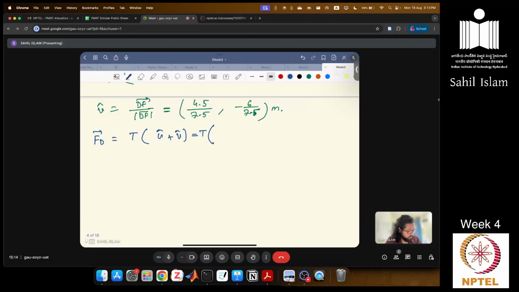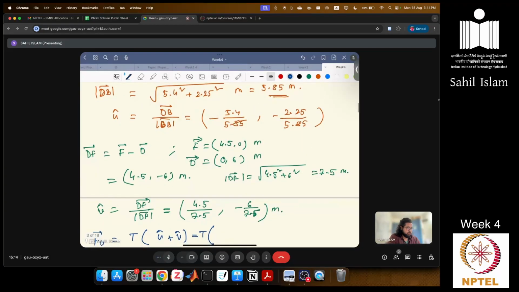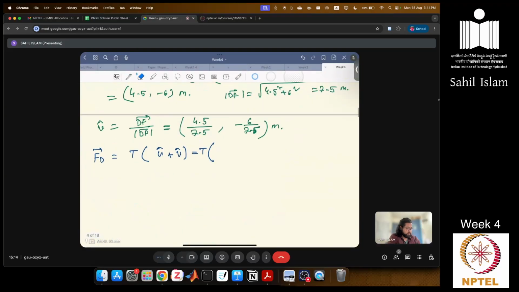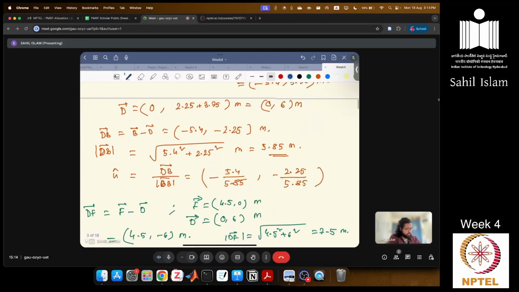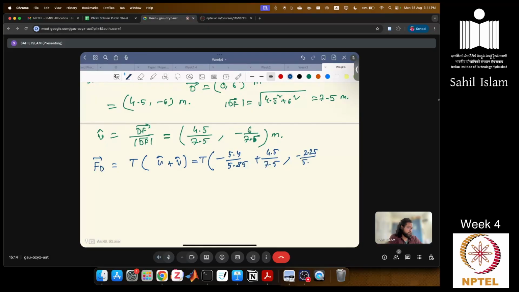So tension times, we got U cap is minus 5.4 by 5.85, minus 2.25 by 5.85, plus this V cap, 4.5 by 7.5 comma, the second component is minus 6 by 7.5. So if you calculate it, this becomes minus 0.323 comma minus 1.18.